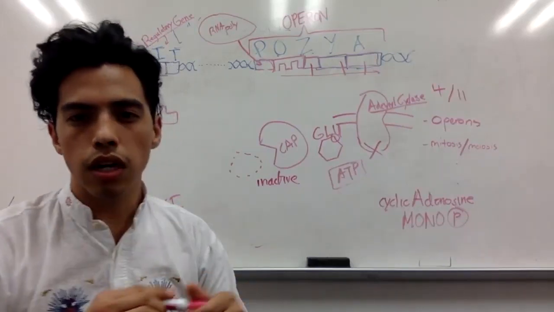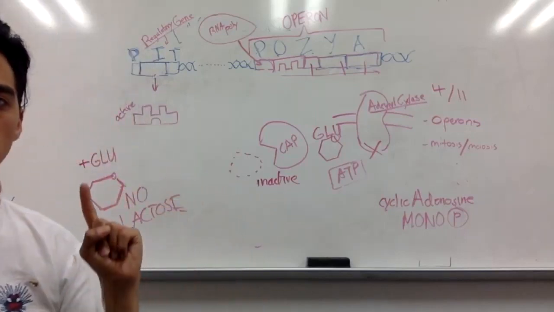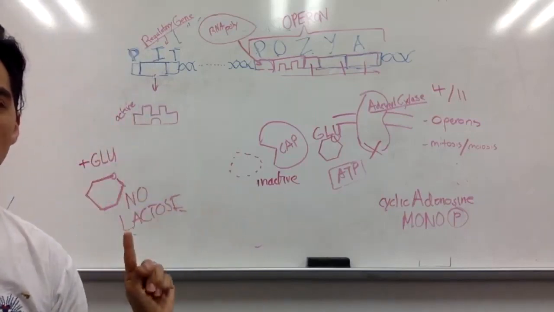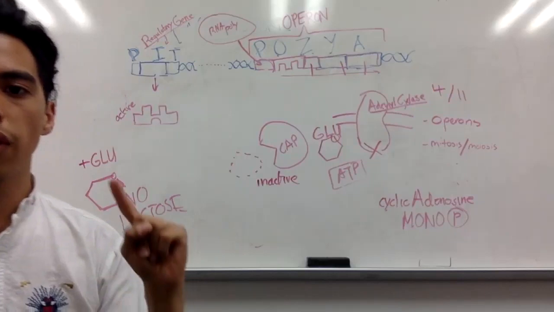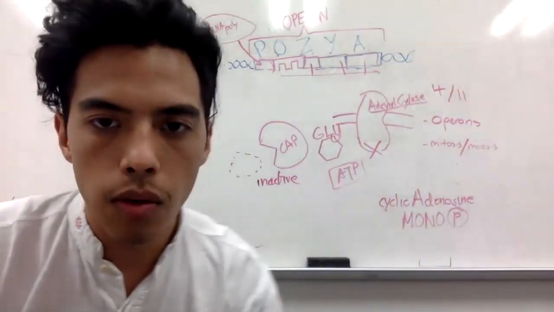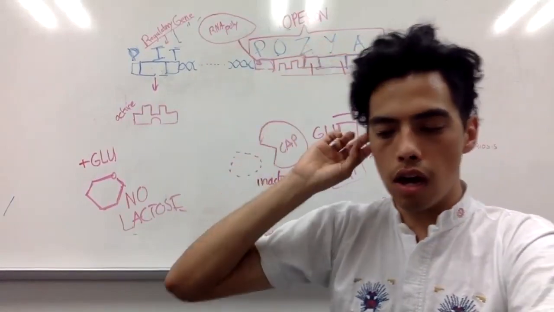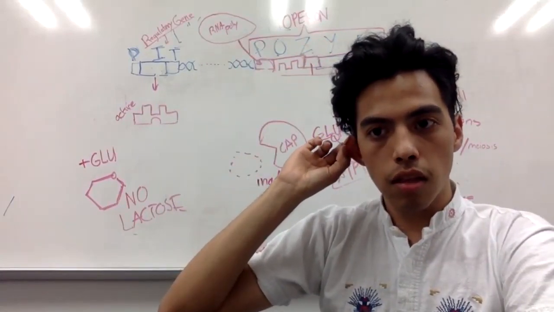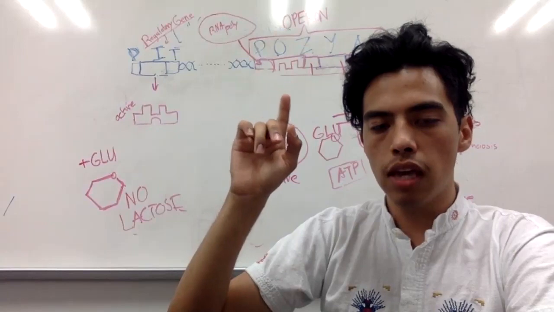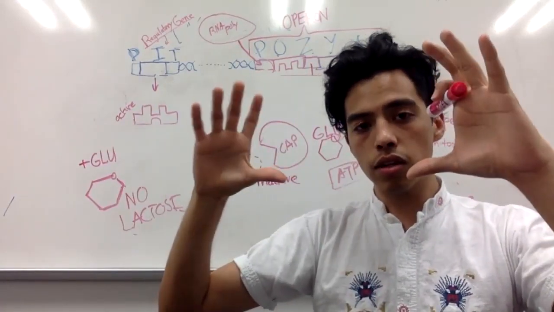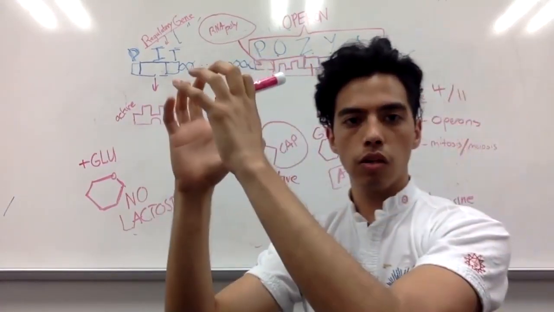So in this case, we're talking about the case of glucose presence and no lactose present. And so when we have glucose, you've got to remember what the purpose of this operon is. Like I said in the beginning, the purpose of it is to take this molecule of lactose, break it, and get the glucose that we want, right?